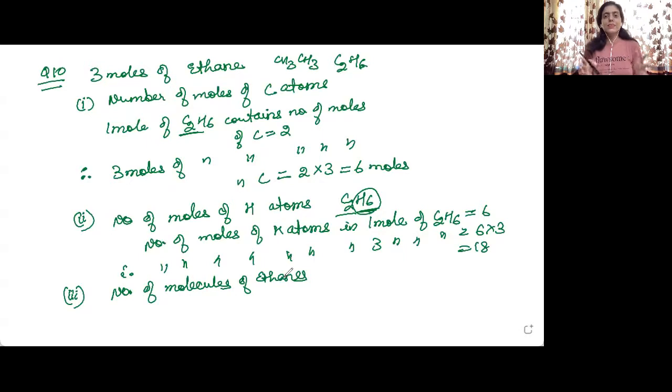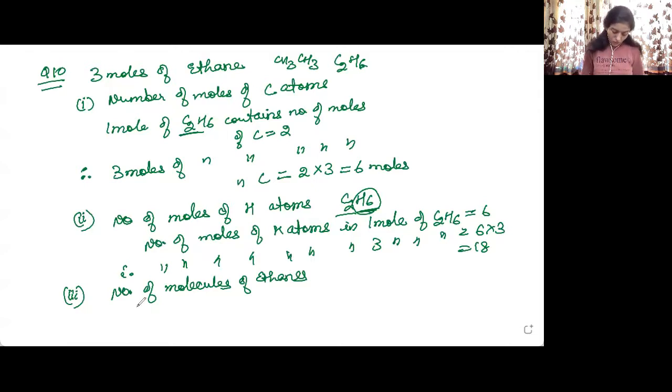Anything given as 1 mole, if the substance is atomic, we ask for the number of atoms, and if it is molecular, the number of molecules. When we have 1 mole of it, it is equal to Avogadro's number.